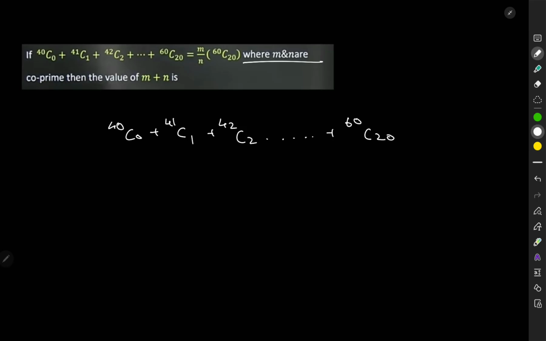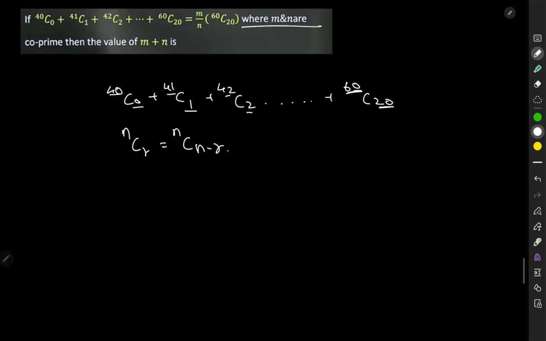In this equation, this is varying and this is also varying. In that case, we can't solve directly. There is a trick for this. Not a trick, you need to understand this. I have told you that nCr is equal to nC(n minus r), right? Just apply this here.